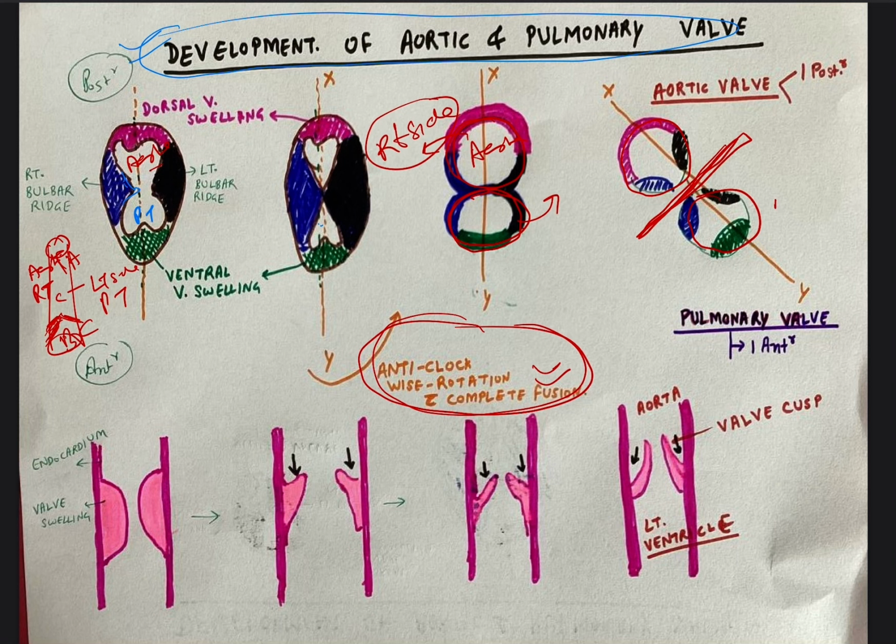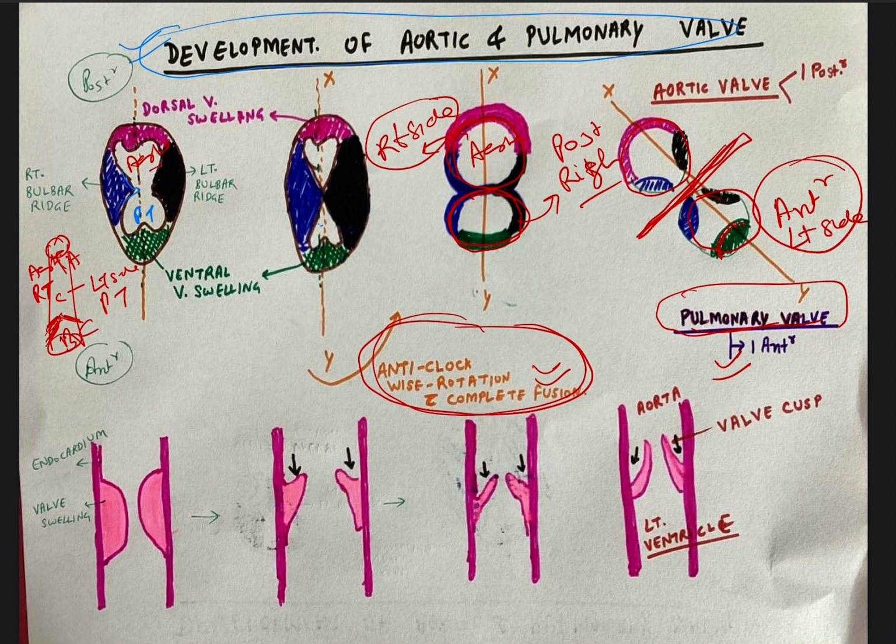The aortic valve goes posteriorly and to the right side, and the pulmonary valve comes to the anterior and to the left side. The catch point of this discussion is this: the pulmonary valve has one anterior swelling, this green one, while the aortic valve has one posterior swelling and two remaining bulbar swellings.